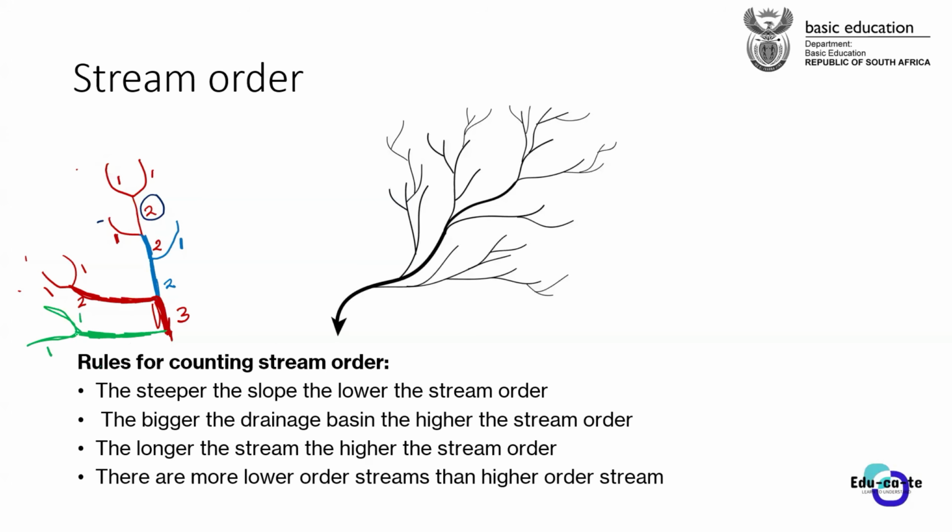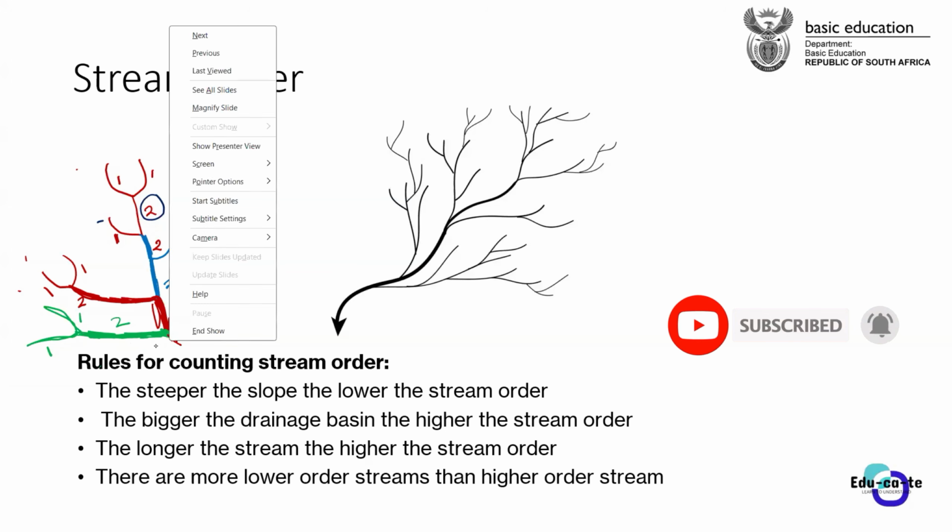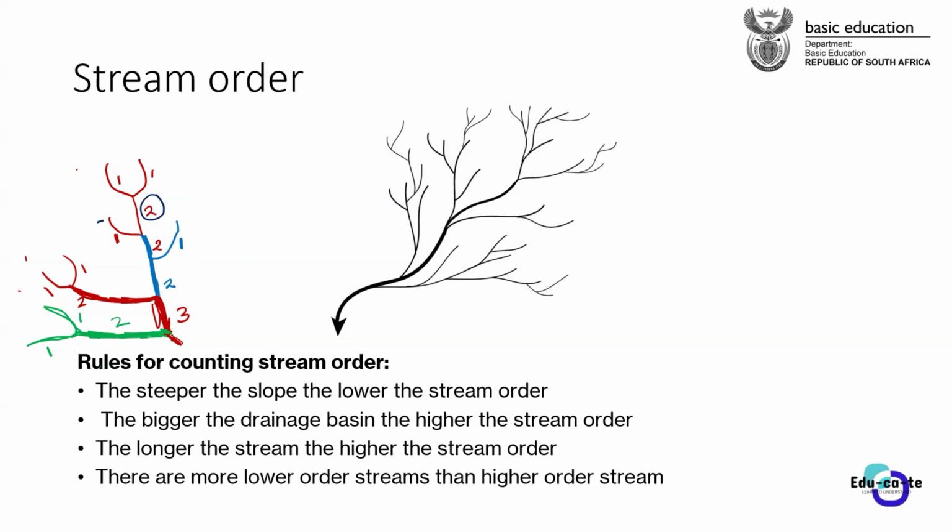So we've got 2 first order streams combining to make a second order stream. And this second order stream is going to flow and join with the third order stream. What do you think my result is going to be when they join together? What stream are they going to produce? Is it 2? 3? Yes, Kopan.